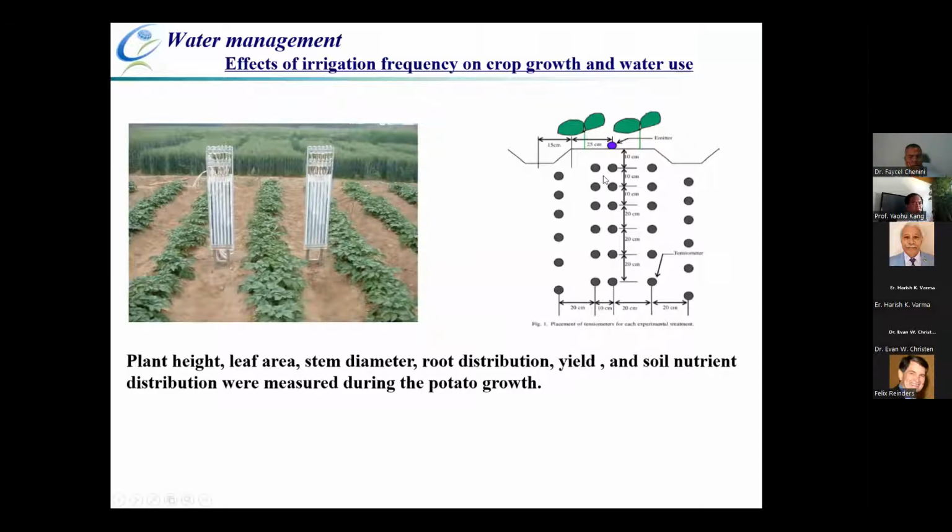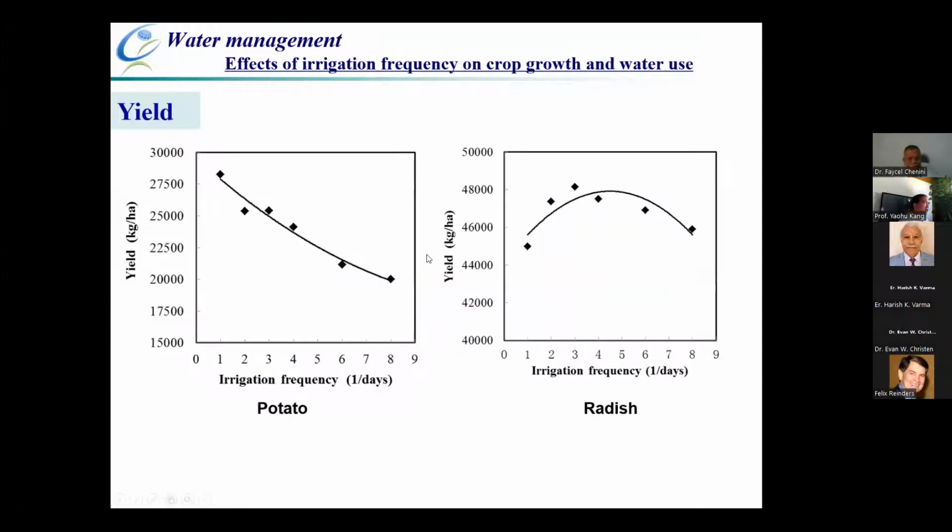Also, we take soil samples at these points. To do the drip irrigation experiment is quite hard work, because we should take many soil samples for analysis.